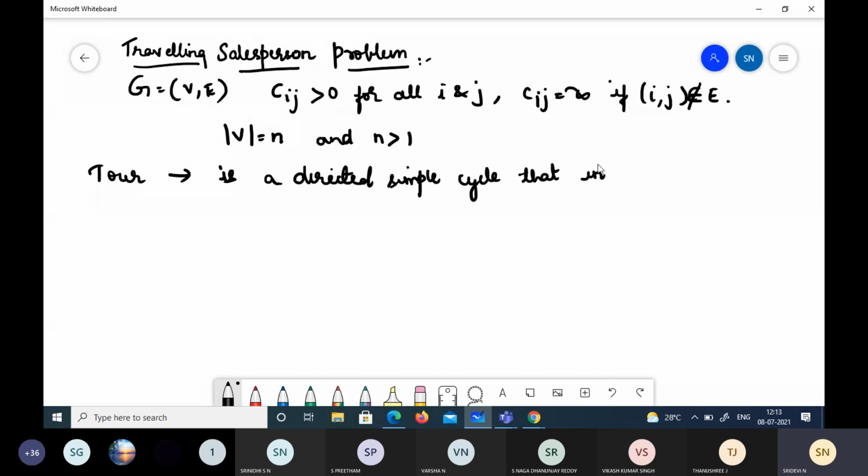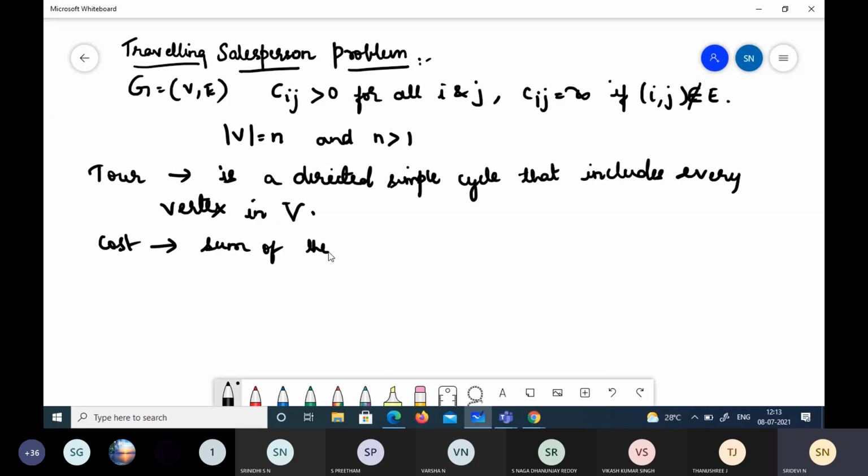That includes every vertex in V, every vertex in the set of vertices which are there in the graph. And what about the cost of the tour? These are the terms which we will come across in this traveling salesperson problem. The cost of the tour is the sum of the cost of the edges on the tour. So that is the cost.